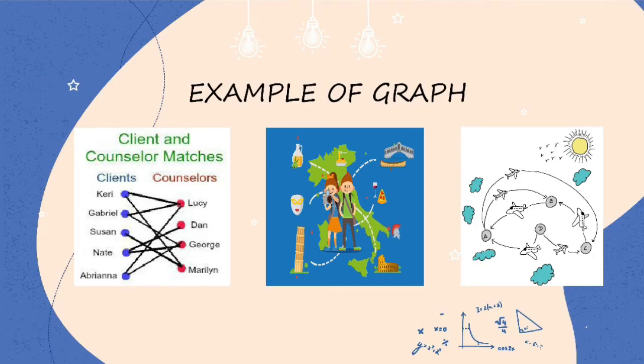You can see the vertex is the place that they visited, while the edge is the road that they are taking. Let's look at graph 3. You can see the vertices consist of countries or cities, while the edge is the route that the airplane is taking.